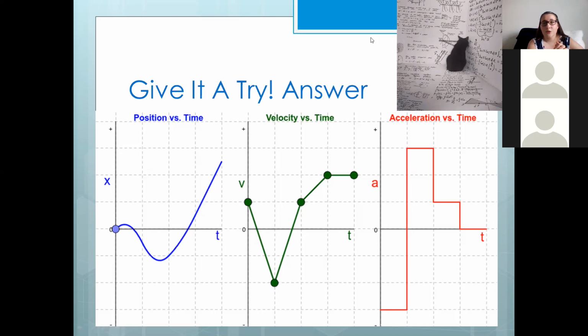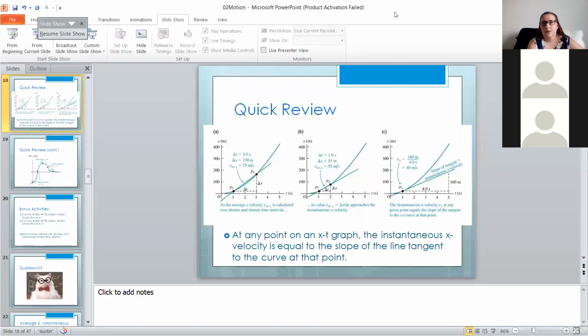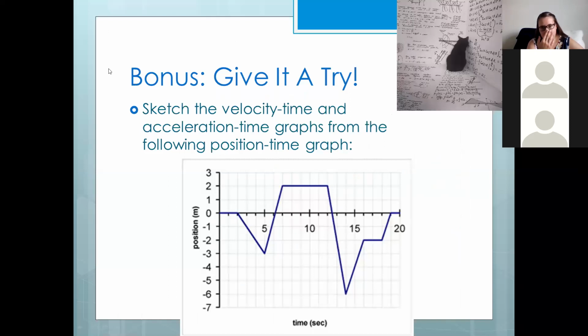But I do have some resources that will be helpful for you. So let me go ahead and show you this bonus problem. I do want you to give this one a try if you feel like you struggled with the previous one, because I think this one is a little bit simpler since it doesn't involve curved sections. They're all straight line sections.